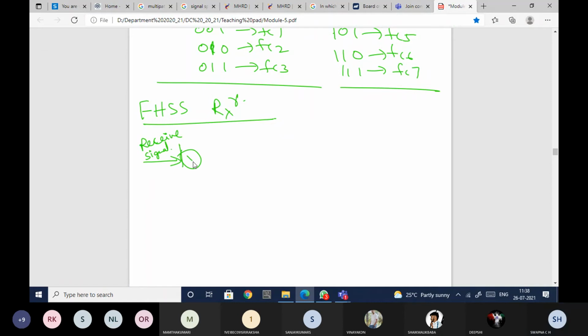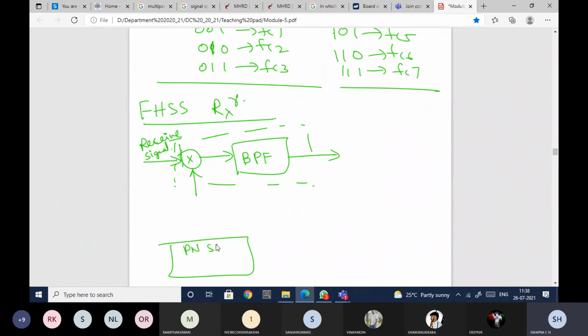As at the transmitter end, the same PN sequence should be generated at the receiver end as well. So here again I'll have the PN sequence generator that should be given to the frequency synthesizer.